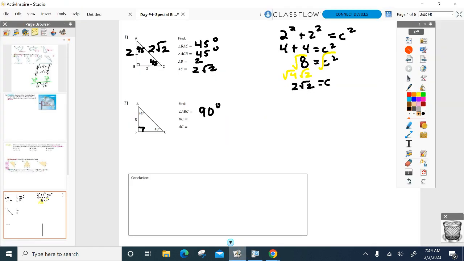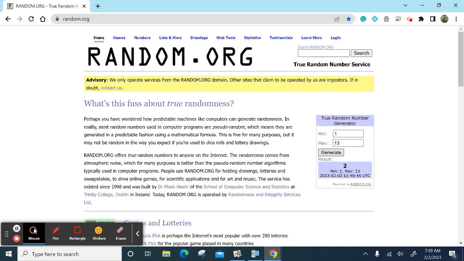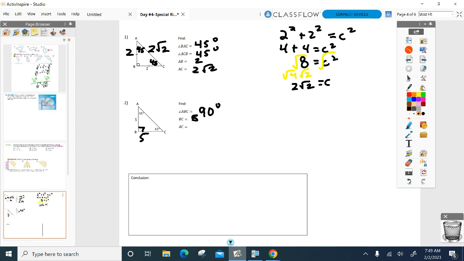5. Good. Because what's across from the 45s are congruent. And now how can you find AC? BC is 5. How can you find what AC is? Using Pythagoras. Here we go again, right? 5 squared plus 5 squared equals C squared. 25 and 25 equals C squared.